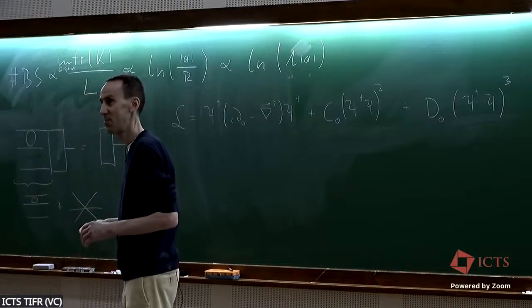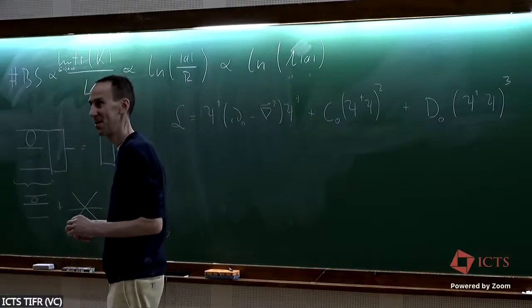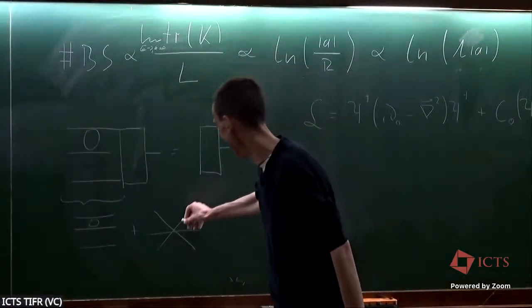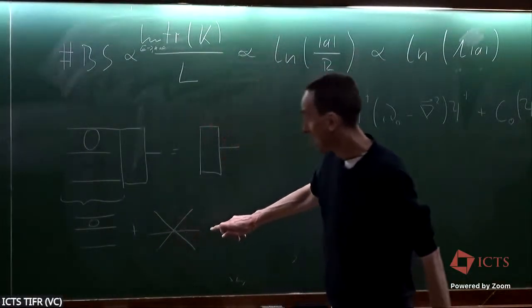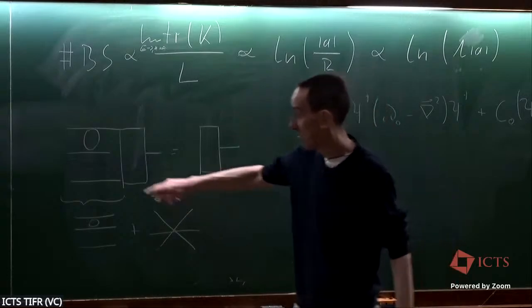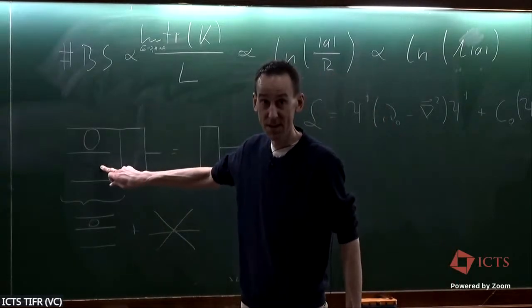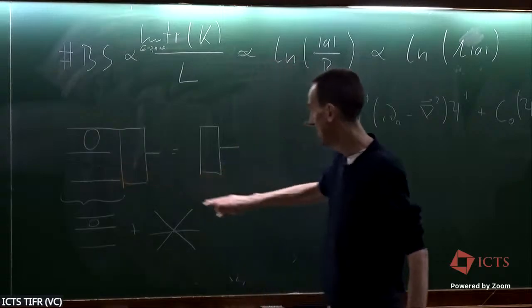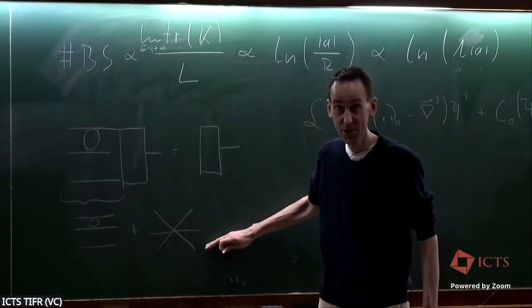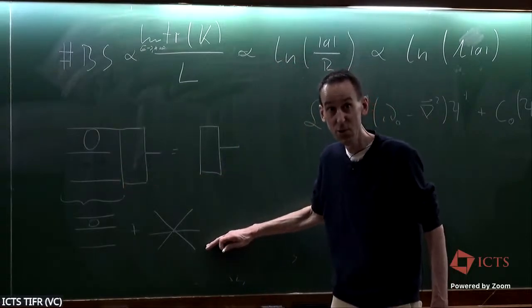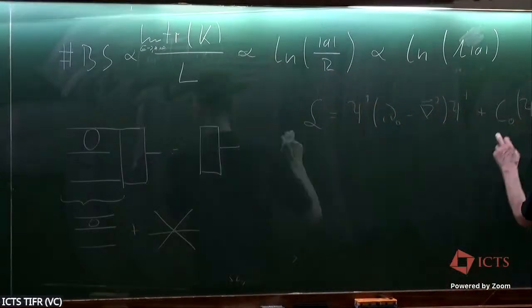So you're not up to jokes this morning, I think. So if I do that, the kernel structure is modified. And this is the simplest modification I can systematically introduce starting from the Lagrangian.